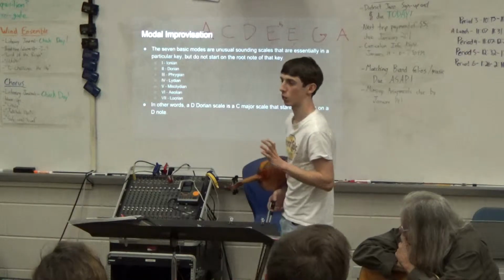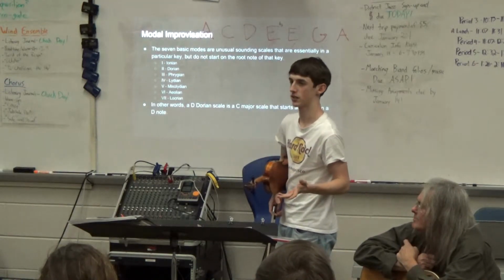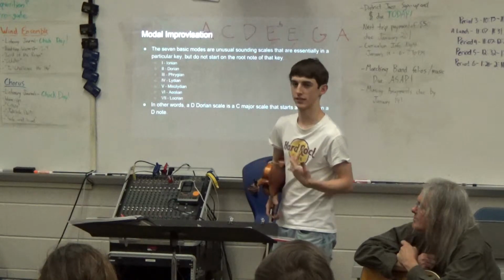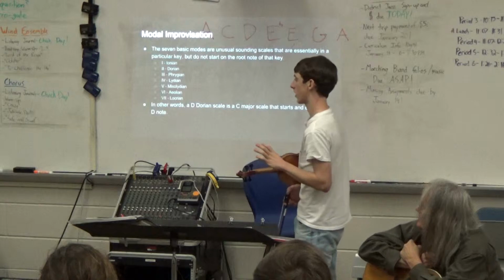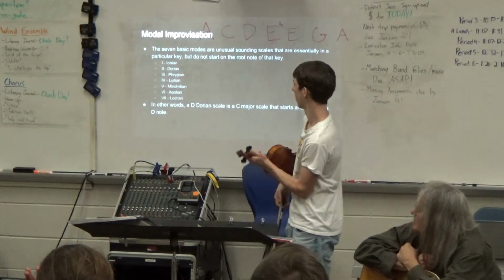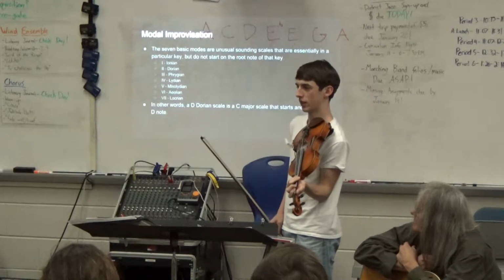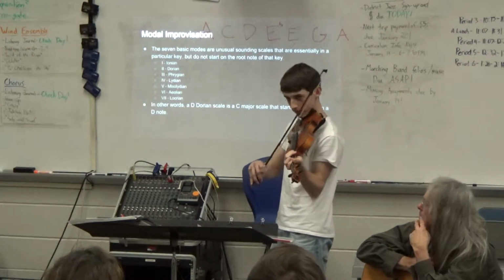If you start on the 1, like any major scale, that's called an Ionian mode. If you're playing a C major scale, you could say, I'm playing a C Ionian mode if you want to sound really smart. But if you start on the D, which is the second note of the C scale, and you keep in the key of C, then that's called a Dorian mode, a D Dorian. So it sounds like.